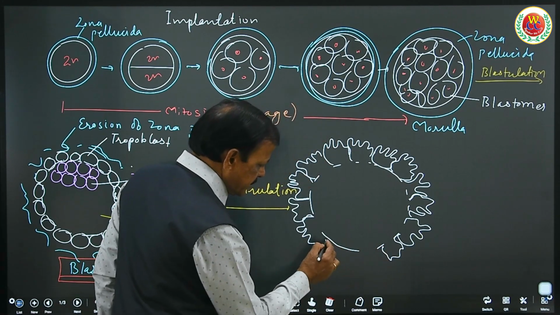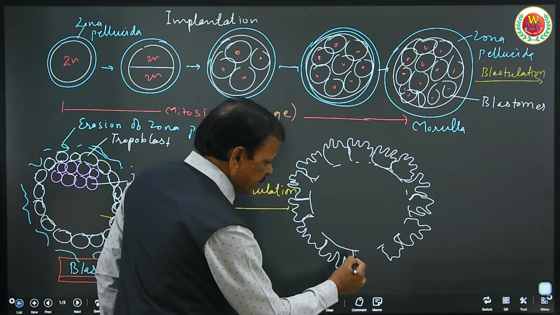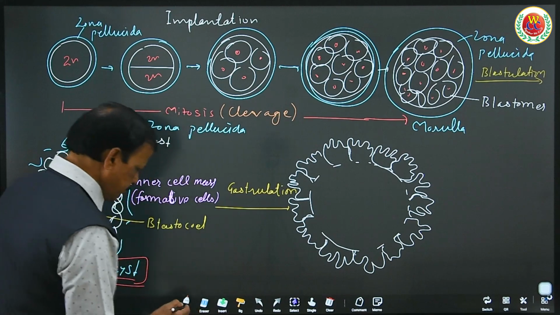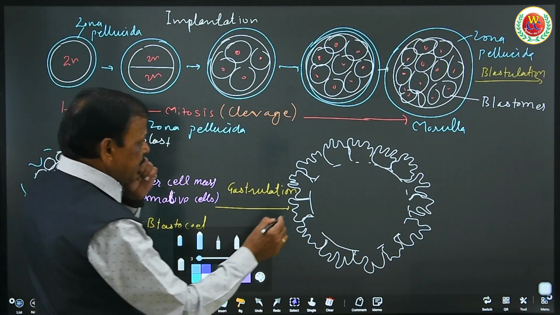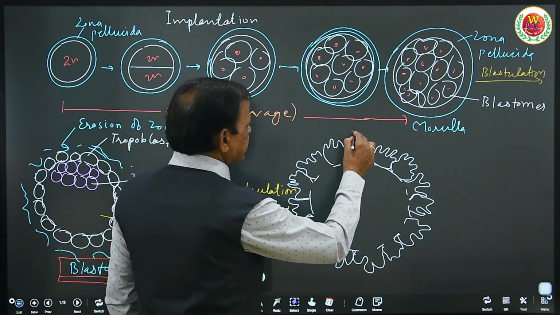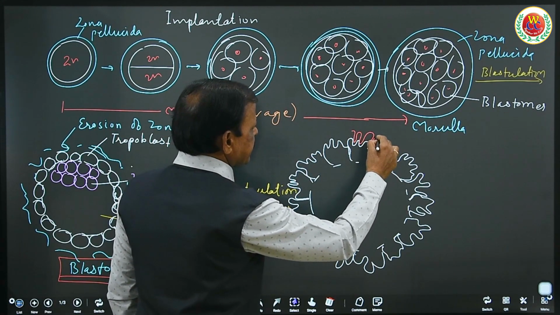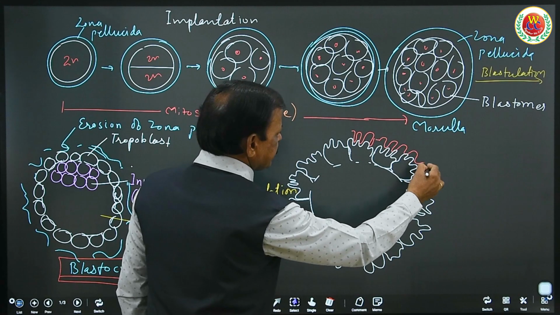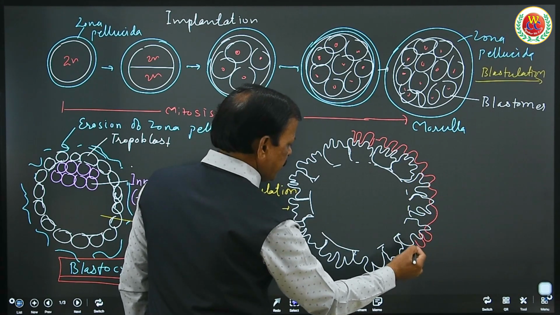So there is interdigitation of the chorionic villi with maternal tissue. Suppose we show maternal tissue this way. This is the maternal tissue of the endometrial wall.